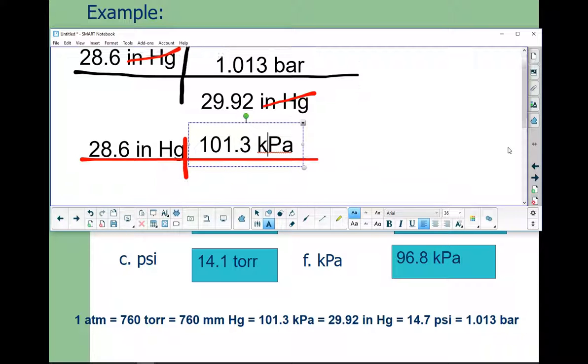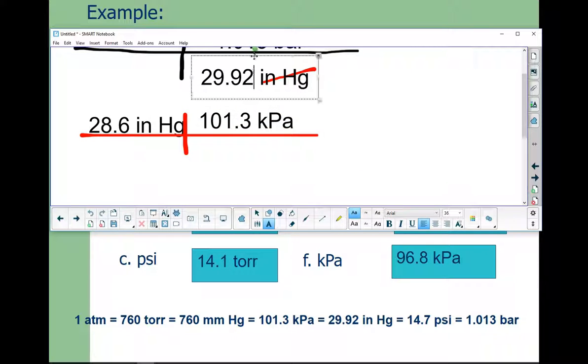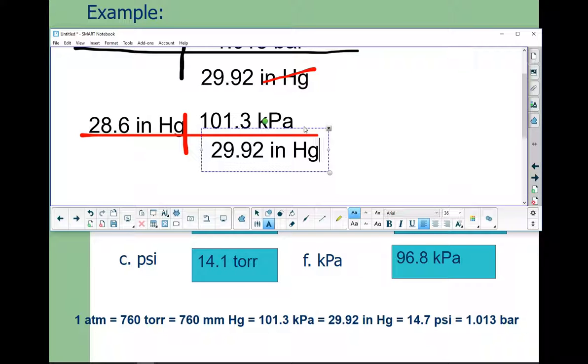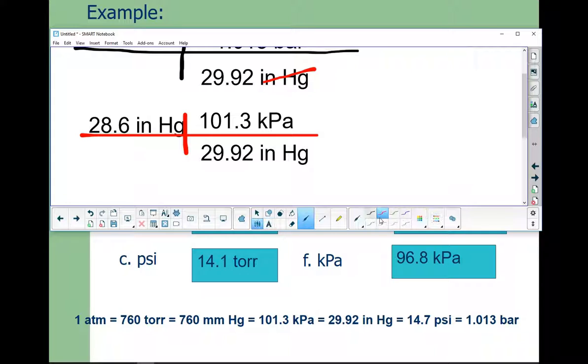And what I want to get rid of is inches mercury, which is this. So I would put that on the bottom. Whoops, it didn't go. 29 inches mercury. So I've got it set up again where if I cross out inches mercury, my unit becomes kilopascals.